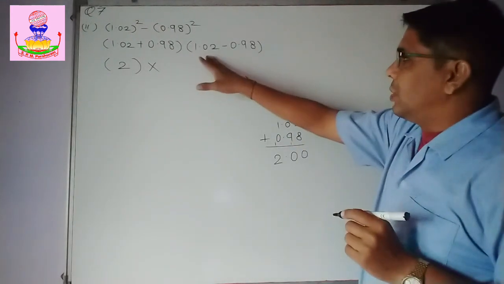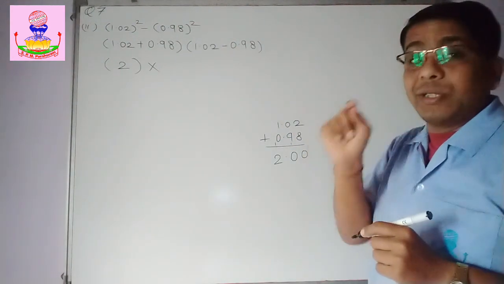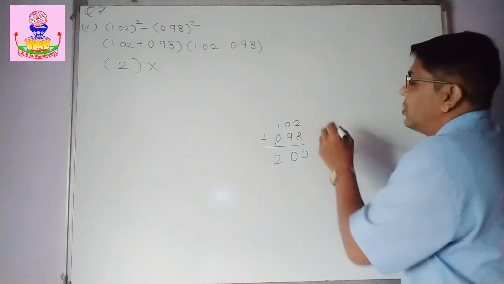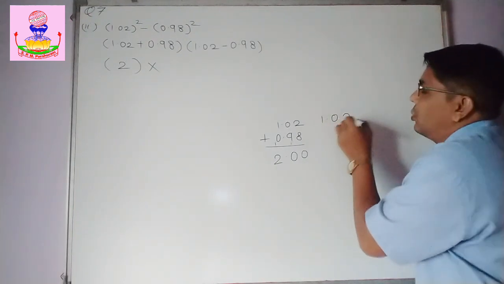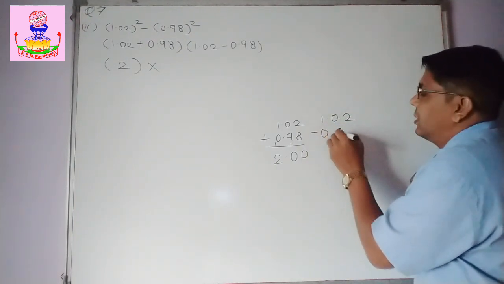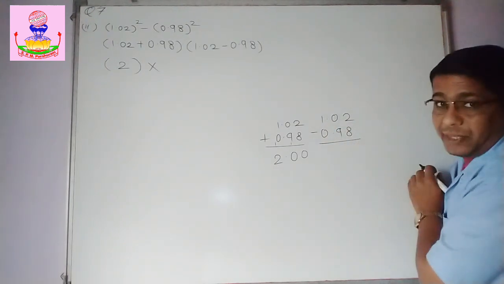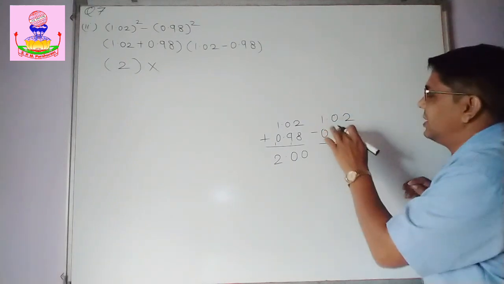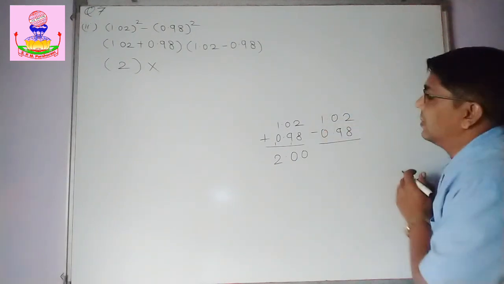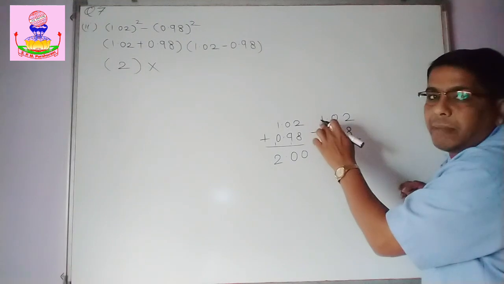Now 1.02 minus 0.98. This is more important. 2 minus 8, can I do? I cannot. Again here it is 0, 0 minus 9 not possible. So it will borrow from this.